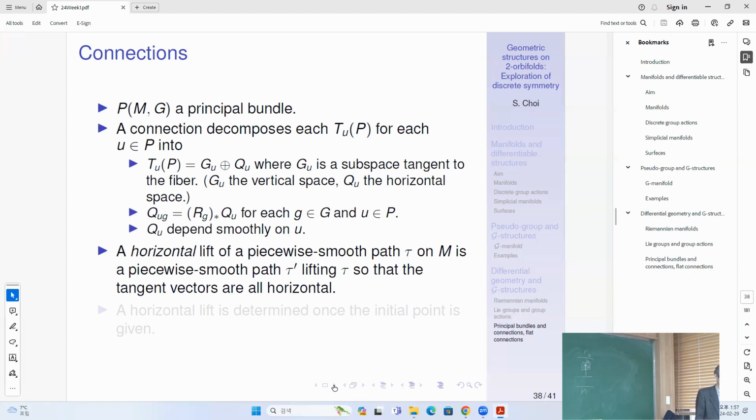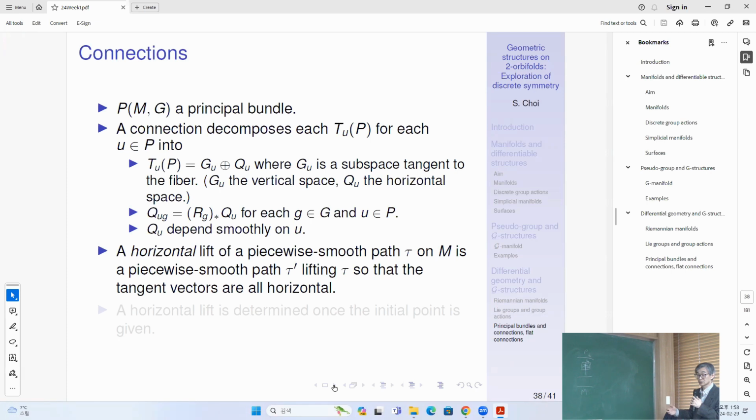Then you can define what a horizontal lift is. Given a piecewise smooth path on M, you can always lift it so that tangent vectors are always horizontal. This can be done because it's just solving some ODE problem.